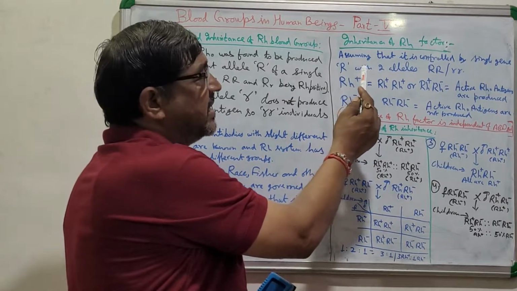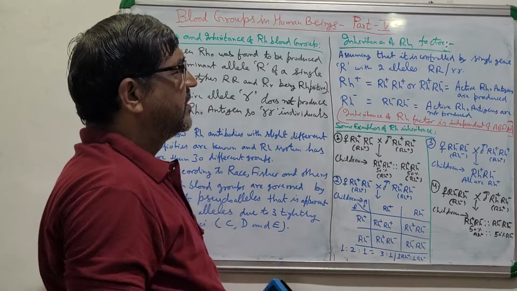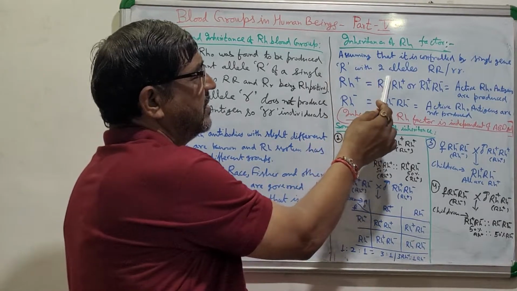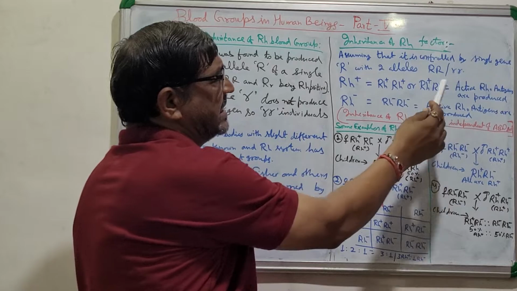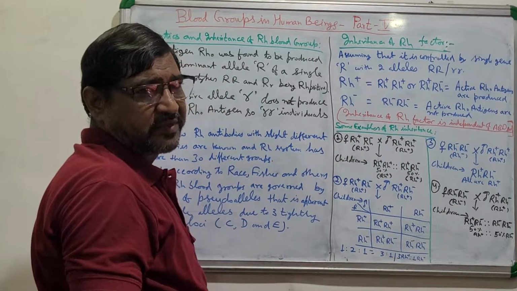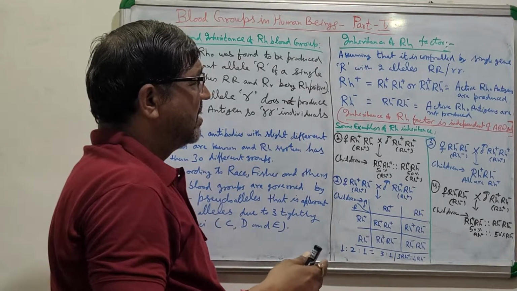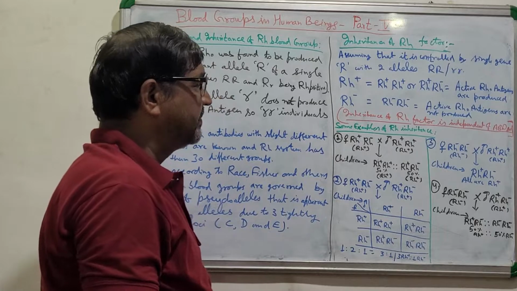Now you see the inheritance of Rh factor, assuming that it is controlled by a single gene, capital R, with two alleles, capital R and small r.